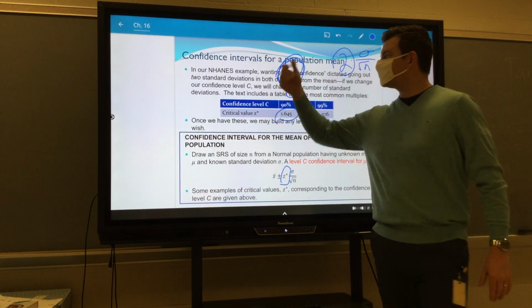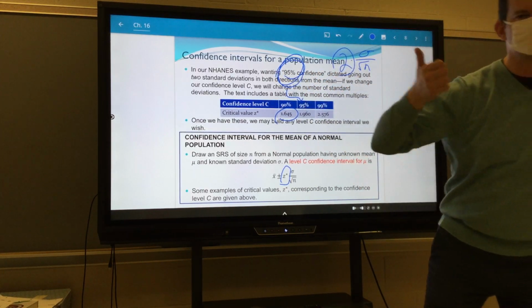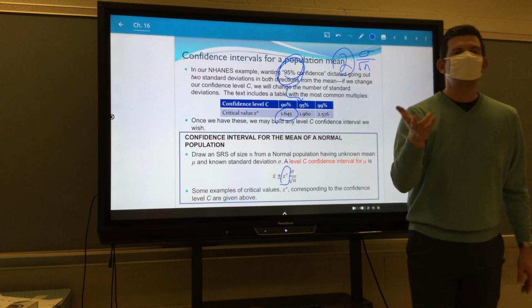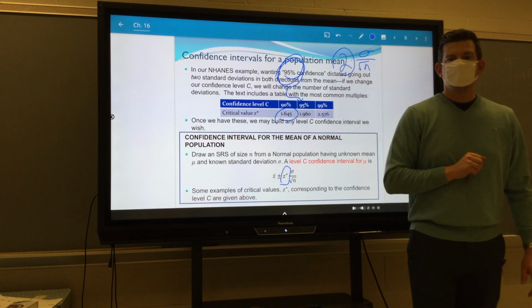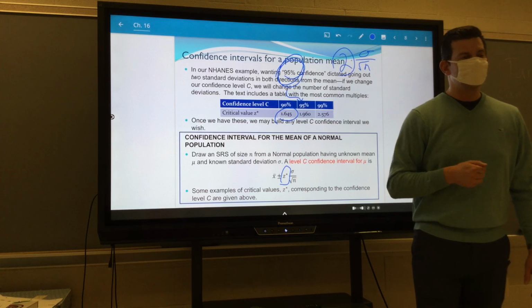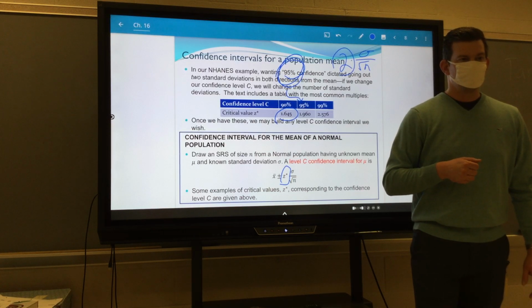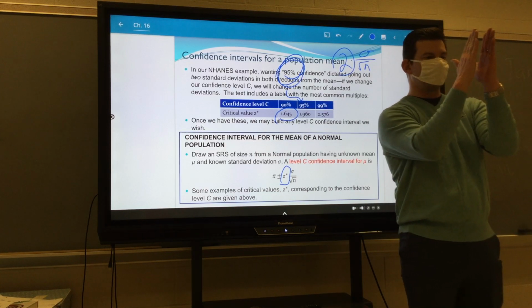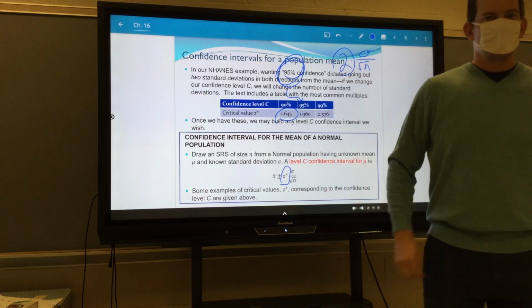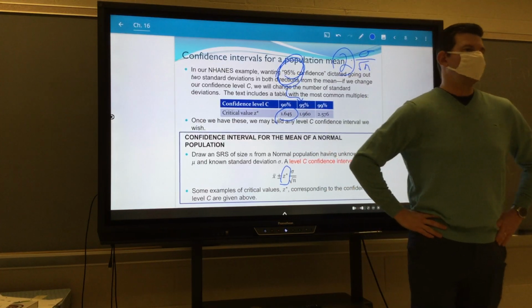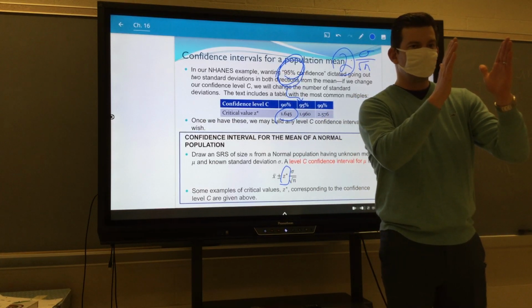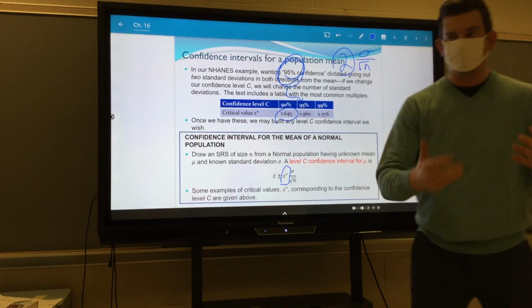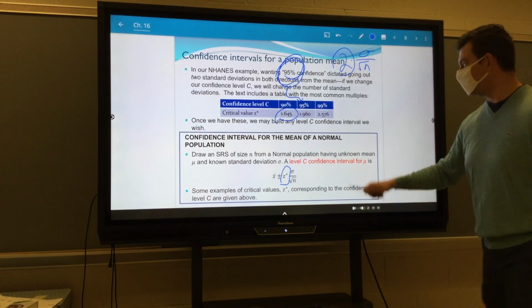I can go back to that applet, that simulator that we just showed, change that level of confidence down to 68%. Okay, I'm going to get a lot more misfires there. But my confidence interval is nice and narrow. I'm 68% sure that my true value is between 1 and 2, but that's pretty uncertain.